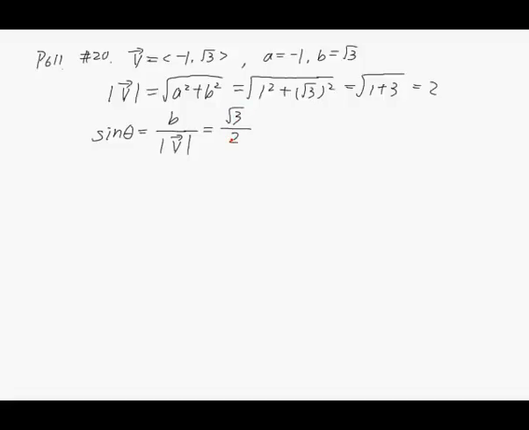And for this type of problem, we need to draw this vector in the rectangular plane to help us determine the position of the direction angle. So -1 here and root of 3 here. So it's like this.